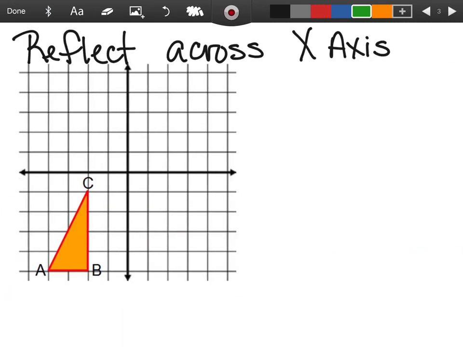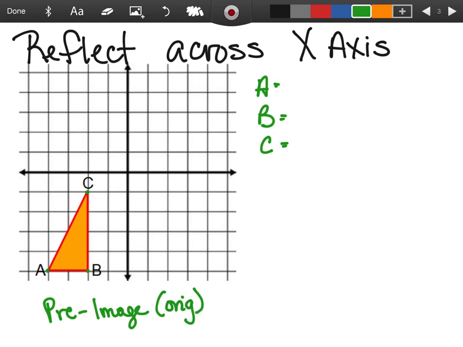All right, so reflecting across the x-axis, I have the letters A, B, and C. Okay, here is A. This is my original picture, and if you remember, our original is called the pre-image. Okay, and my pre-image is my original. Now I want to change my original image.